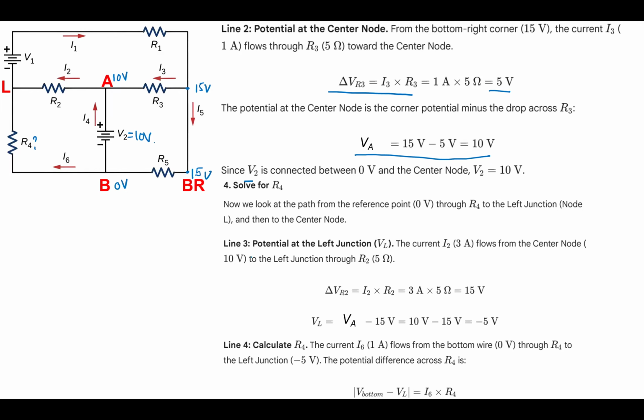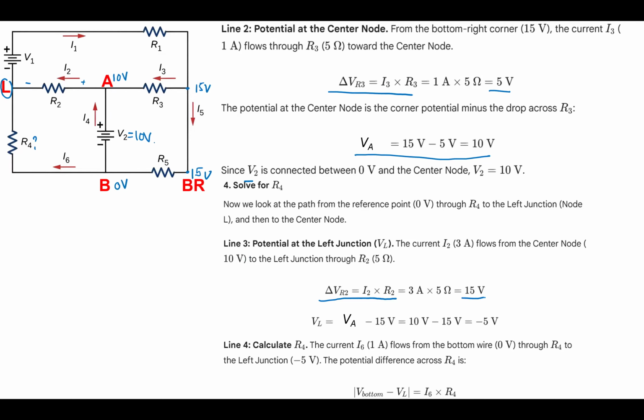And the potential at the left junction, VL here. So this is the 10 volt, and this is a higher potential, and this is low potential. And then we note that this is due to this resistor. On the resistor, we have a voltage drop caused by the resistor with the current.